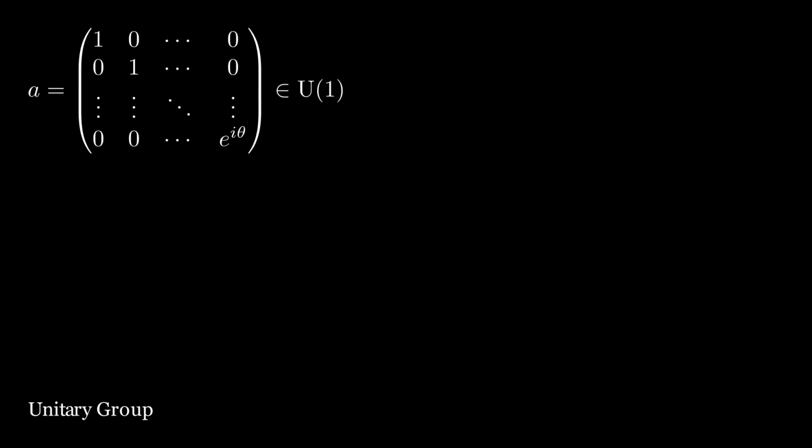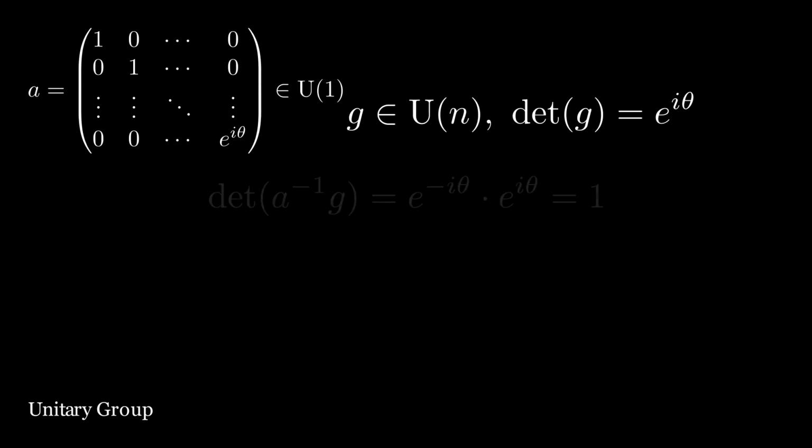Let's see how any element of UN can be built from SUN and such an element, A. Take any G in UN, such that determinant of G equals e to the I theta. Now multiply it from the left by A inverse, then determinant of A inverse G equals 1.